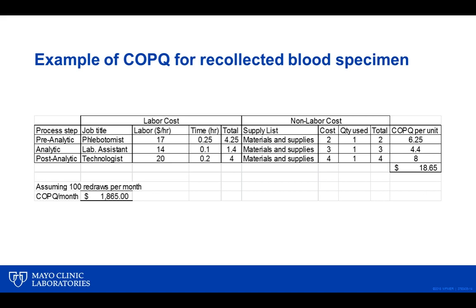So your material and supply cost for this error is $2. And now if I add my non-labor cost of $2 to the labor cost of $4.25, I have a per unit cost of $6.25. So the pre-analytic side alone, just to go back and do the recollection, is costing me $6.25. Like I said, this one is very simplistic.